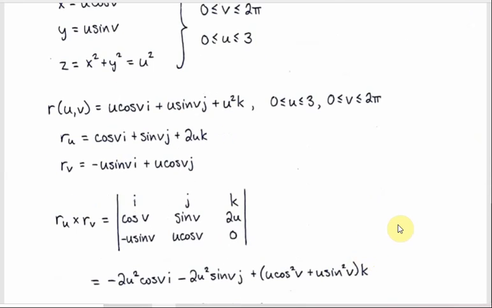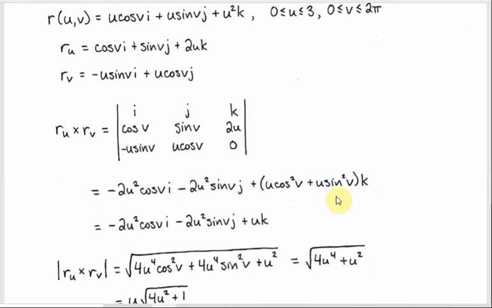And then if we do the cross product, there's r sub u, there's r sub v. So for the first two terms here, this is going to be pretty quick, right? Because sine v times 0 minus 2u times u cosine v.